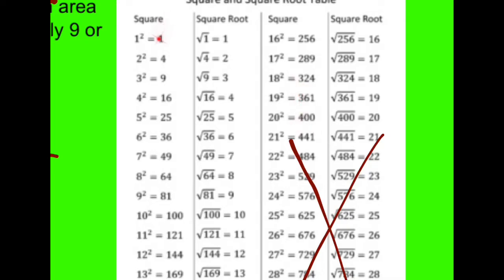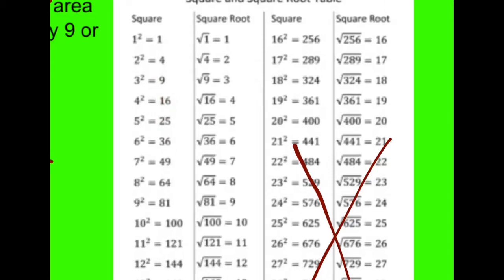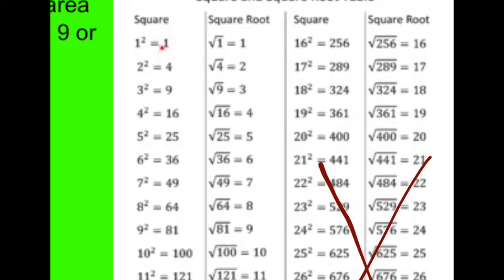If you look at all these perfect squares, what you don't see in those perfect squares is 7, right? All of these numbers that I'm outlining with that little star you see right now are perfect squares, but there's no 7 in there. 7 is not a perfect square.